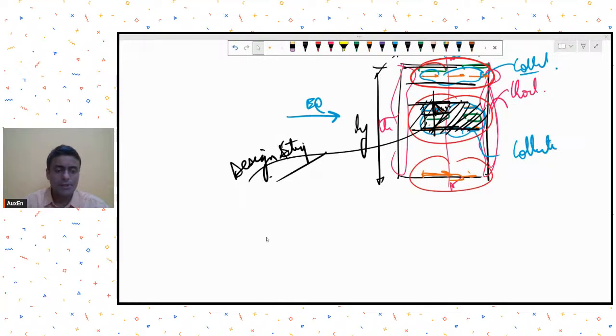I'll just share with you on screen, and you can freely download it from the internet. I'm not able to get it right now. You just search for design of diaphragms, NEHRP document for design of diaphragms. Okay, just search it. You will be able to get it.